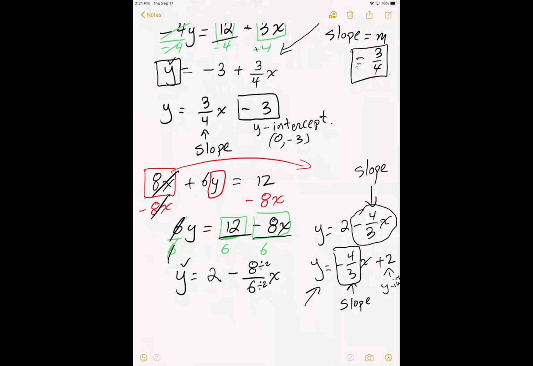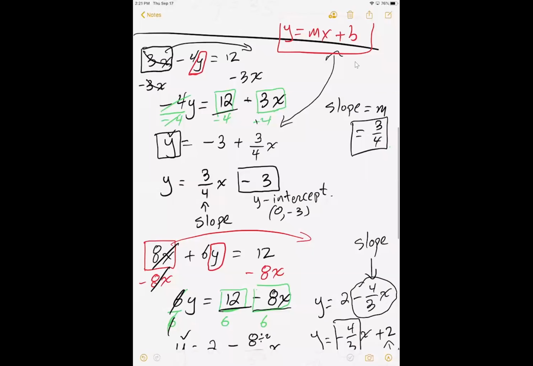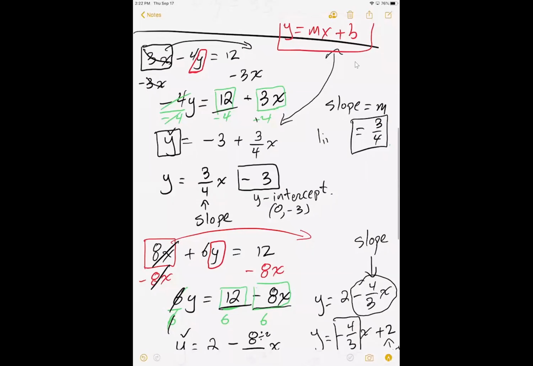Okay, so let's take a look at this item here. My line 1 is this. My line 2 has a slope equal to -4/3. So clearly, hopefully you guys see that the slopes are not the same, right? This one is 3/4 and this thing is 4/3. Clearly they are not the same. So if they are not the same, we know that they are not parallel.